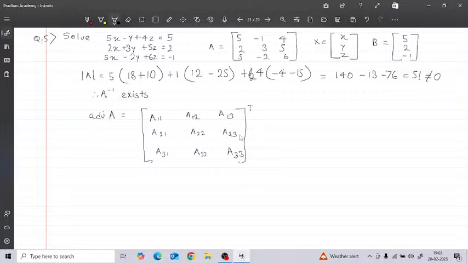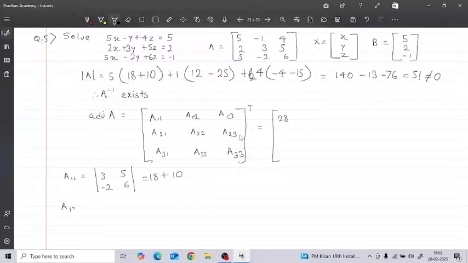So what is the cofactor number 1? Suppose remove this 5, you will get 18 minus, say A11. A11 is nothing but determinant of 3, 5, minus 2 and 6. That is 18 plus 10, that is 28.